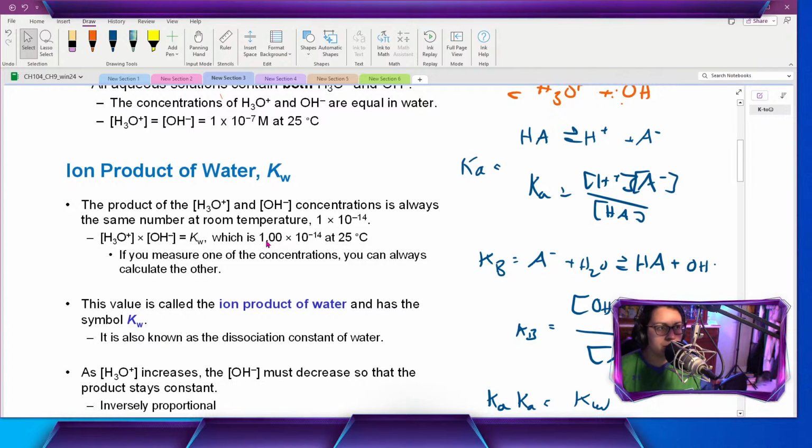The important part that you need to take away is that we have this relationship: hydronium times hydroxide concentration has to equal Kw, which for our purposes is always going to be 1 × 10⁻¹⁴. This is at 25 degrees Celsius, which is what we're going to assume.